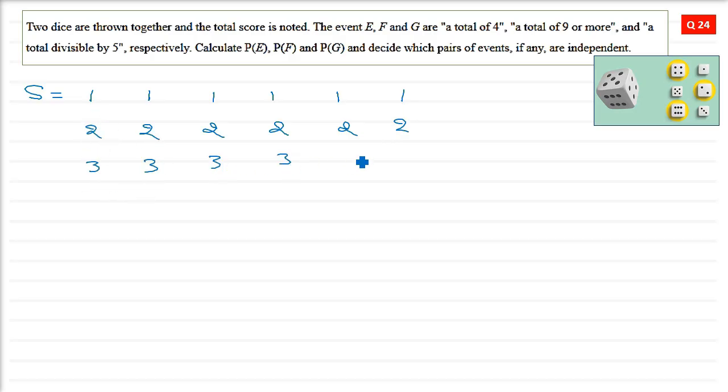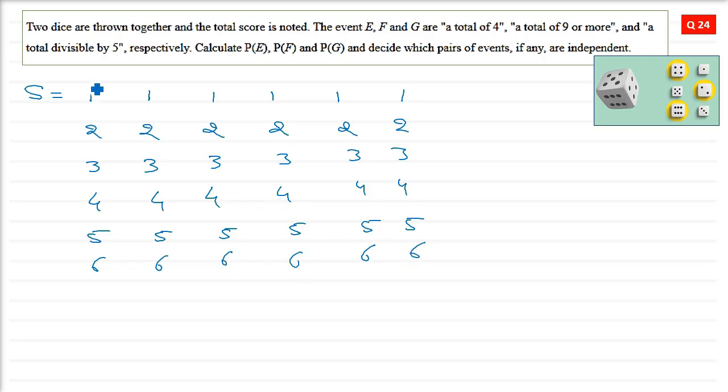Repeat 1 on the first row, 2 on the second row, 3 in the third row, 4 in the fourth row, 5 in the fifth row and 6 in the sixth row. I'm writing it because this question demands a proper sample space, because some part of this sample space can be taken for E, and the other part can be taken for F and G.